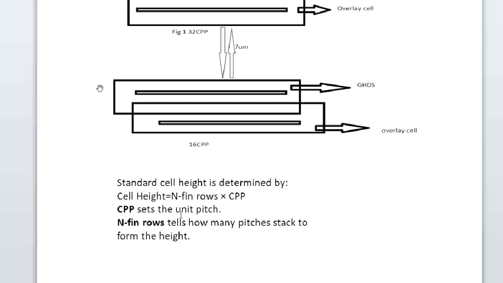Whatever we are doing, 7.5 into 32, comes to around 268 something micrometer. This is the total height of the cell. It differs by foundry, like how many CPP we have to use in our design based upon the technology node.